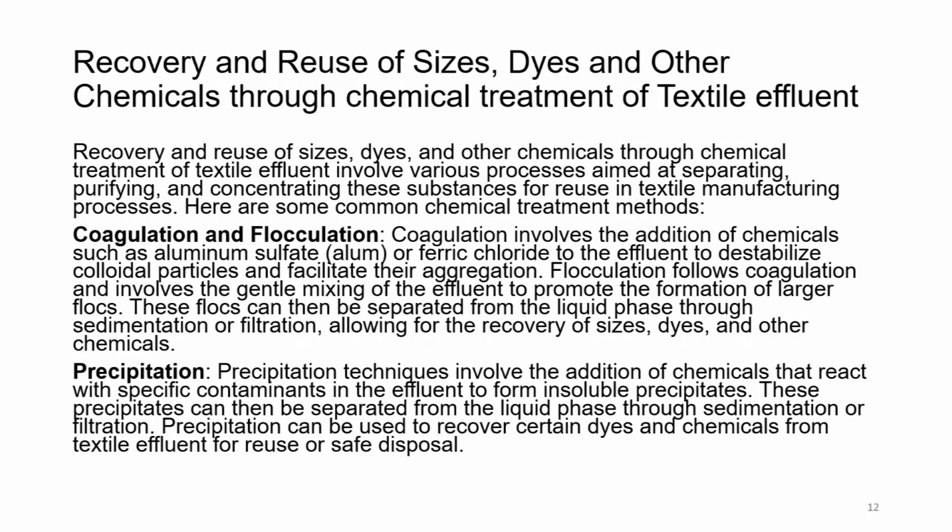Flocculation follows coagulation and involves the gentle mixing of the effluent to promote the formation of larger flocks. These flocks can then be separated from the liquid phase through sedimentation or filtration, allowing for recovery of the sizes, dyes and other chemicals. So, it is a well established methodology.